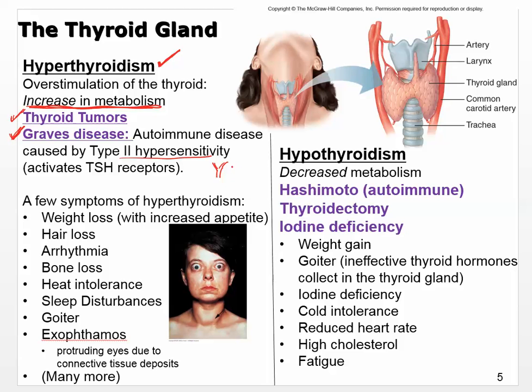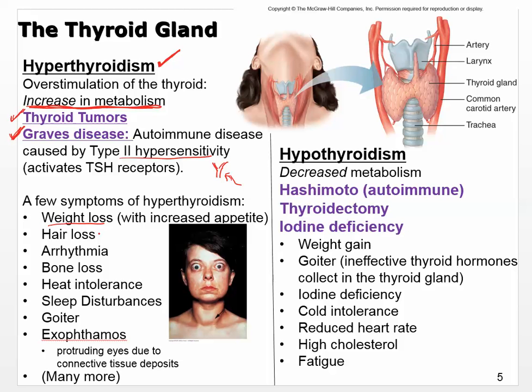So they're binding to the thyroid stimulating hormone receptor sites, and they're stimulating it instead of the TSH, which is supposed to stimulate it. And since these aren't controlled, then you just have this overproduction of thyroid hormone.